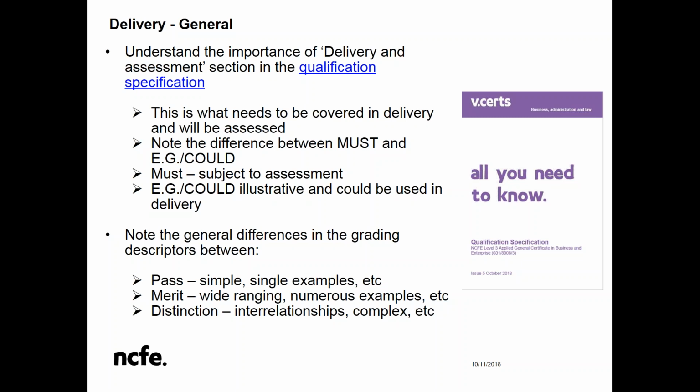Where we're talking about merits, the responses from the learners tend to be more wide-ranging, with numerous examples. And then the real key with the distinction grade looks at the interrelationships between the different concepts, and the examples that you would expect from the learners would tend to be more complex.